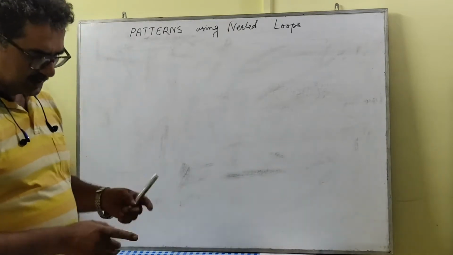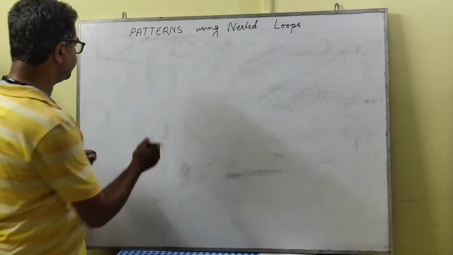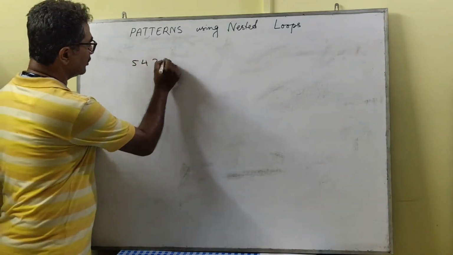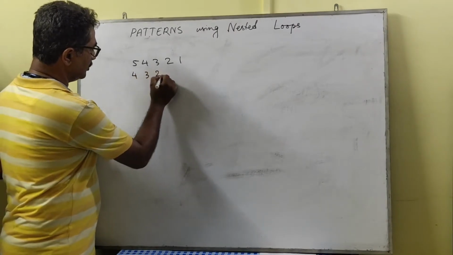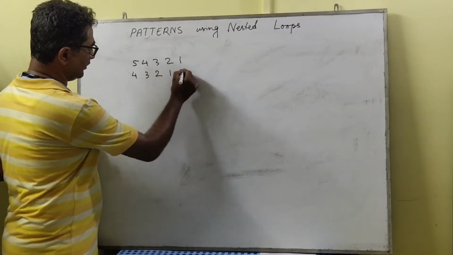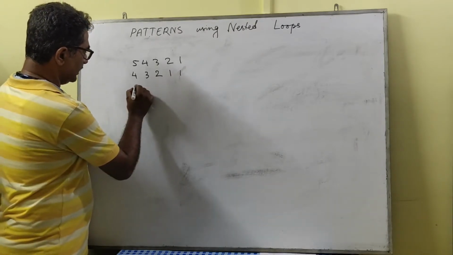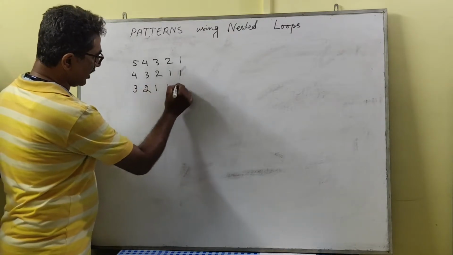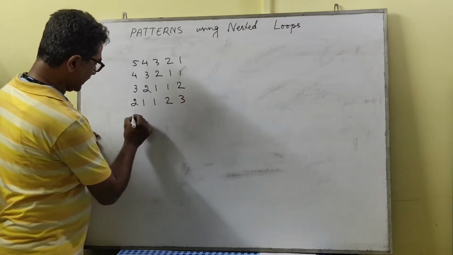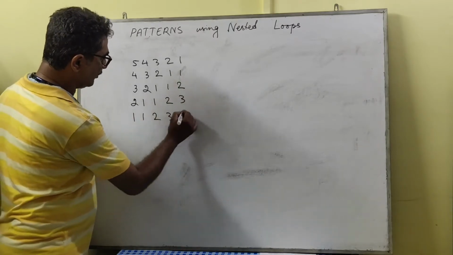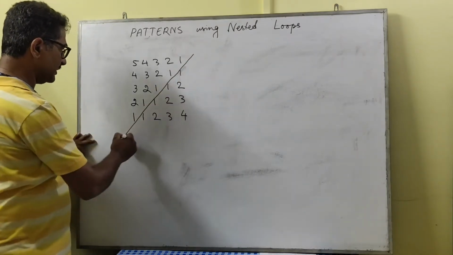Similar type of pattern, but you'll find it quite peculiar. 5, 4, 3, 2, 1. 4, 3, 2, 1, 1, 3, 2, 1, and then again 1, 2, 2, 1, 1, 2, 3, 1, 1, 2, 3, 4. So here if we divide it, this is how we divide it.